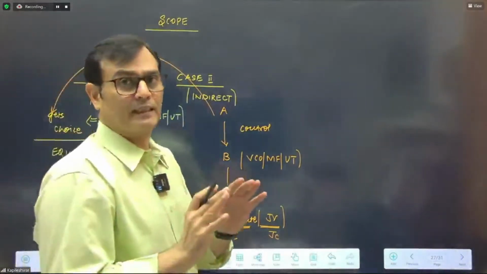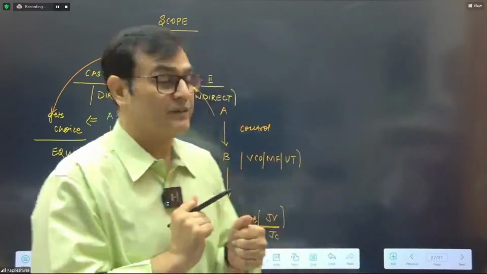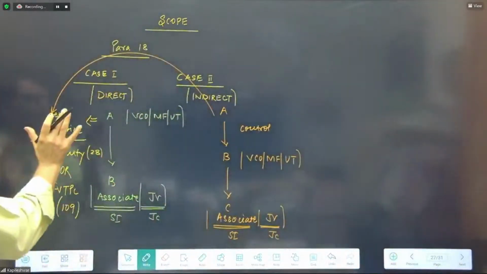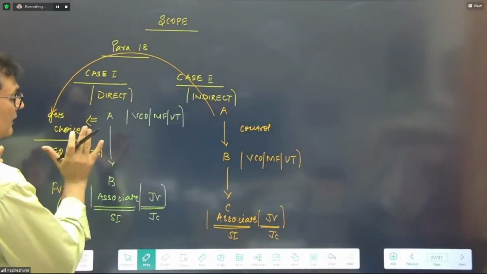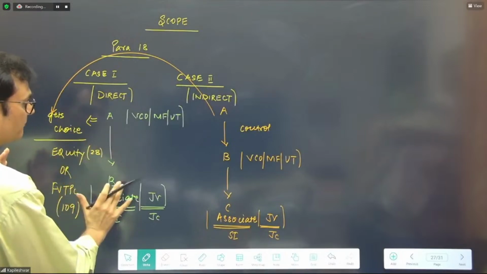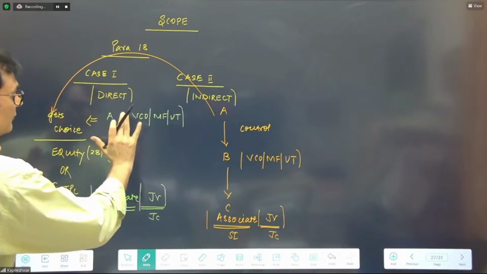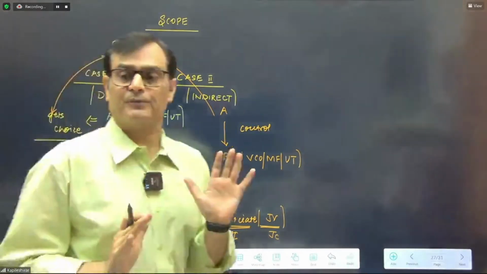Let's get the position very clear. In order to avoid any mistakes, we can put it like this: in case number one, there are two parameters. Number one, B is an associate or a JV of A. Two, A is a VCO, MF, or UT. Then A gets a choice.